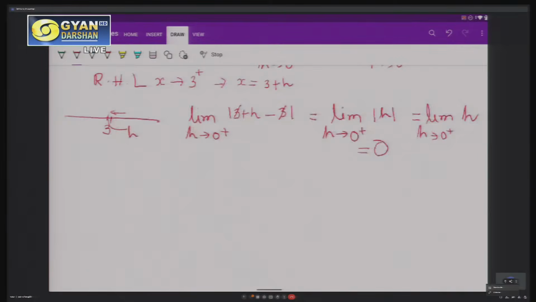So here we can see that left hand limit and right hand limit are equal, which are equal to 0, so limit exists.